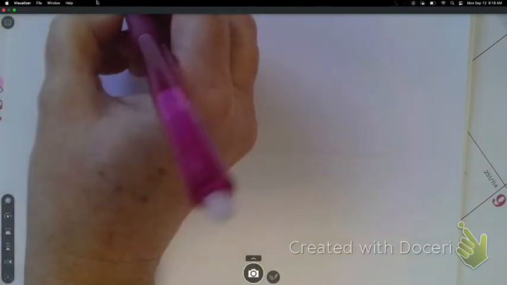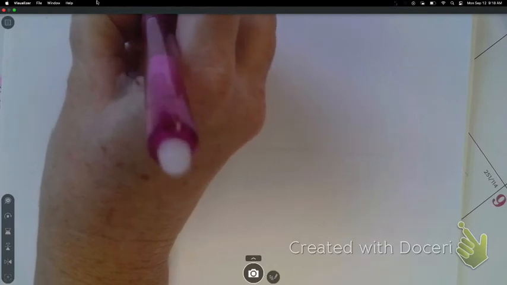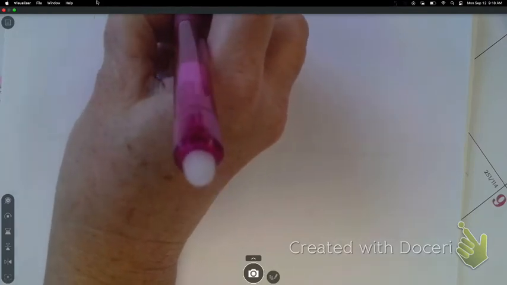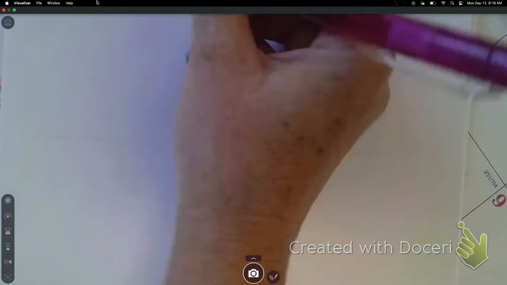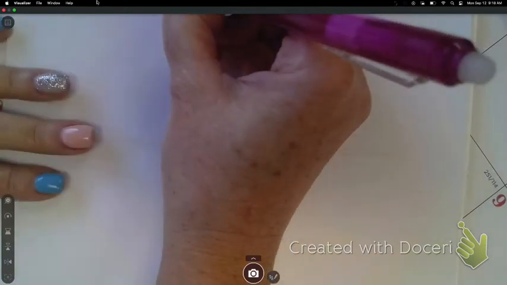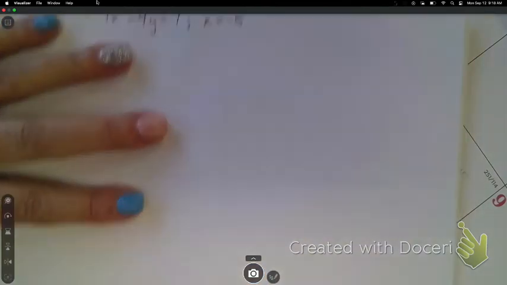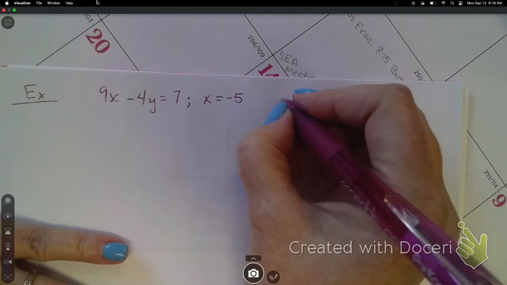So we're going to solve this equation for y: 9x minus 4y equals 7, with x equals negative 5. So we're supposed to solve for y first.